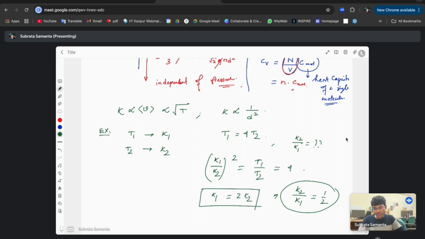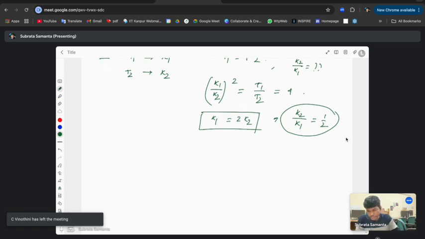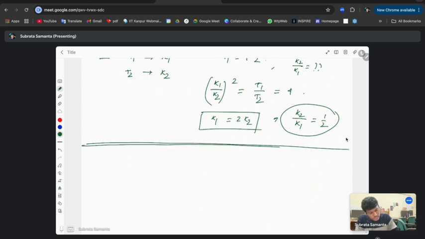Just a quick question. Let's say at temperature T the number density is N. Just for understanding, kappa is 1 over 3 Cv times lambda and V average.